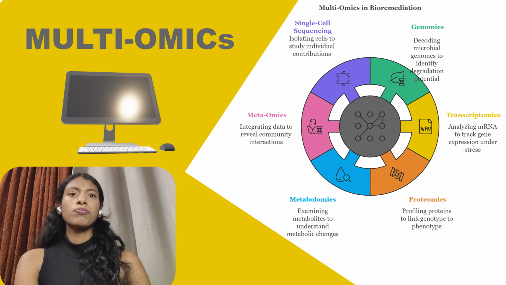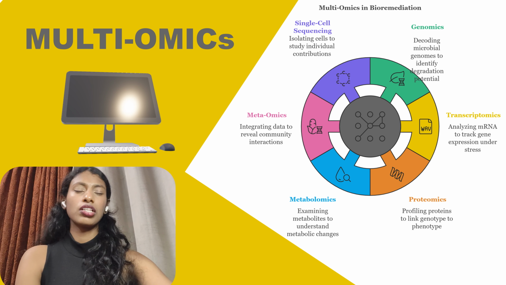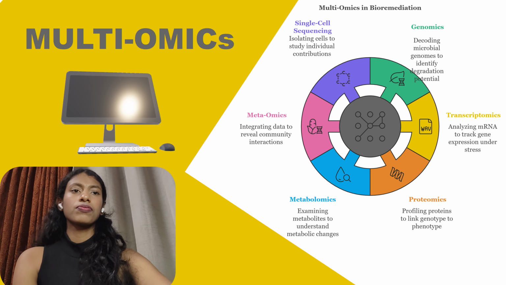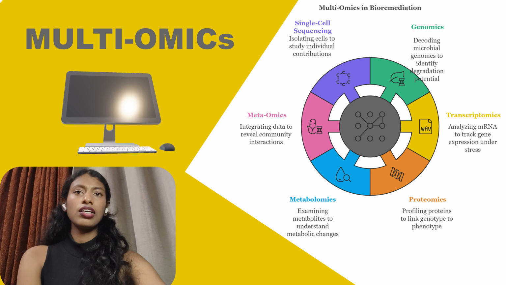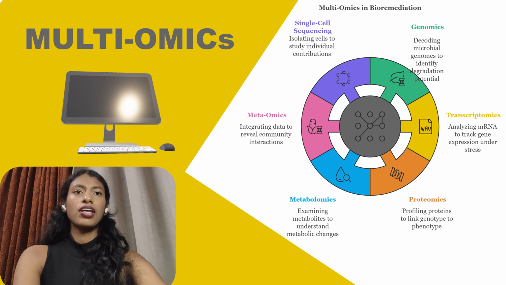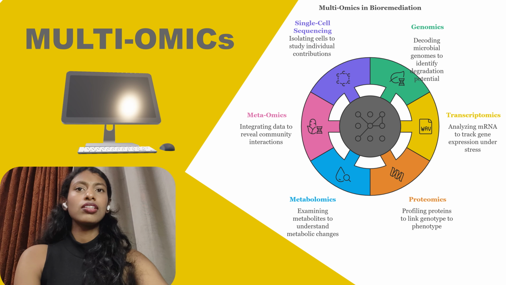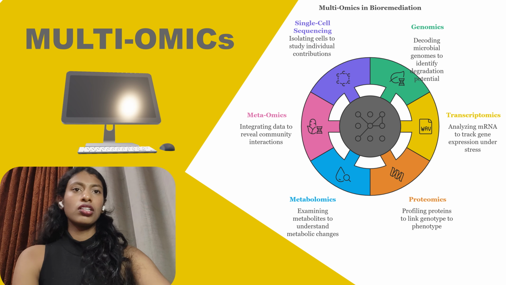Metabolomics investigates the small molecule metabolites produced by microbial communities. This branch provides insight into the cellular metabolic rate, showing how microbes alter their metabolism with regard to whatever pollutant or contaminant is in their environment. Lastly, we have single-cell sequencing, which helps isolate individual microbial cells to study specific genes or pathways and connect them to ecological roles within the community.